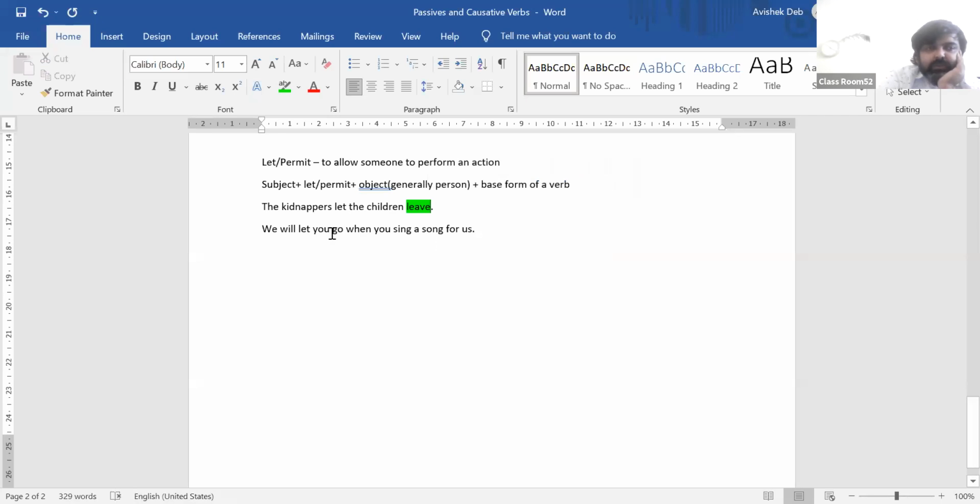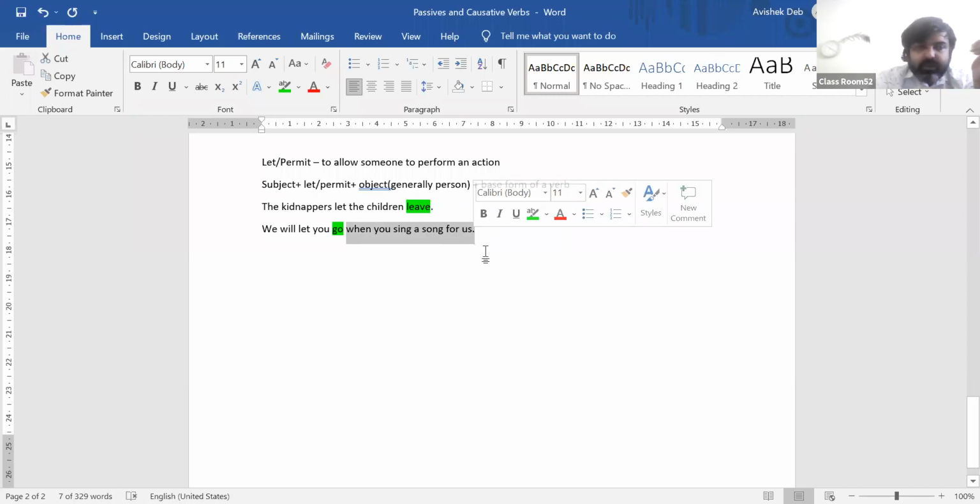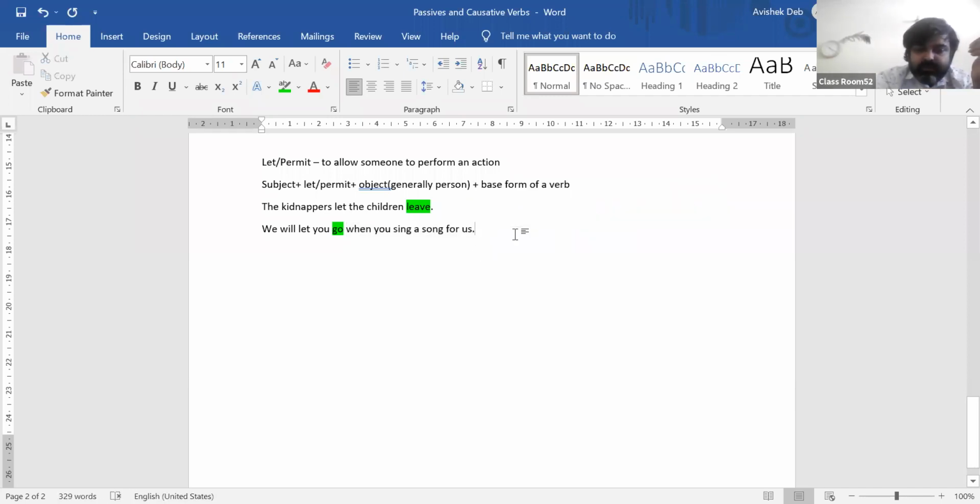These are the base form of the verb. In the second sentence, the following clause, when you sing a song for us, is a subordinate clause. Please remember that.